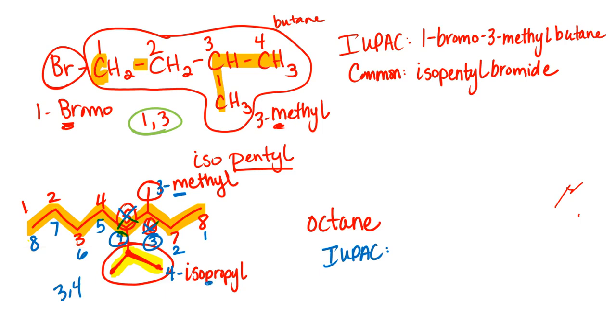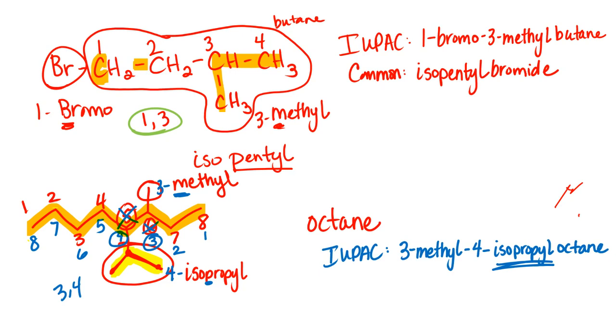So we'll actually look at the m and the p and go, okay, we need to put 3-methyl first. So again, when alphabetizing, ignore di, tri, tetra, ignore iso, sec, tert. And then the root is octane. So we're applying this common group to an otherwise IUPAC name, and that does happen a lot.